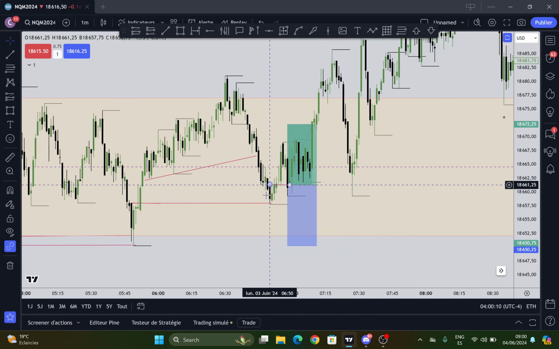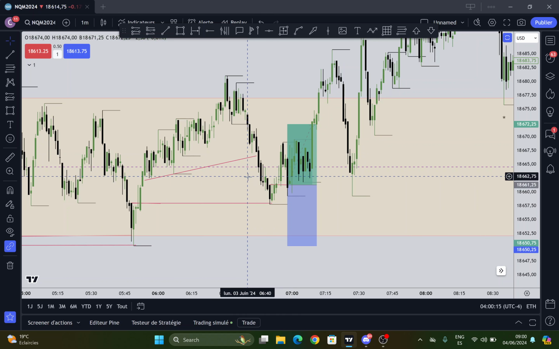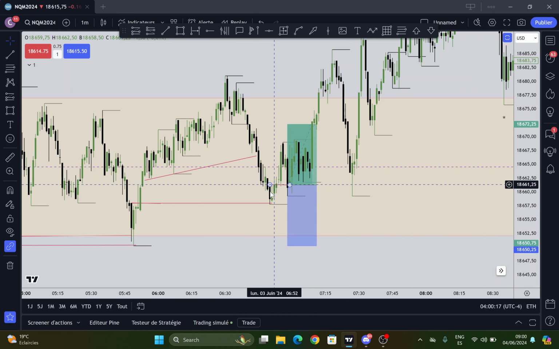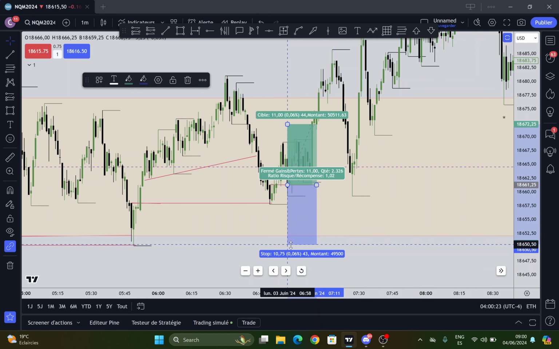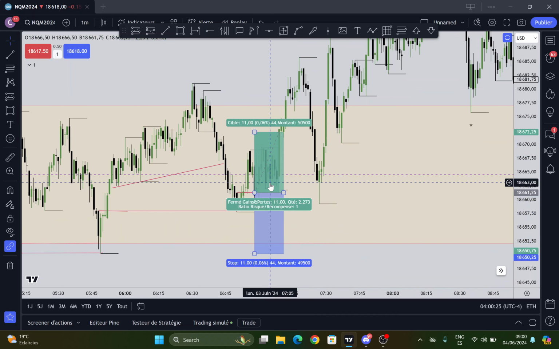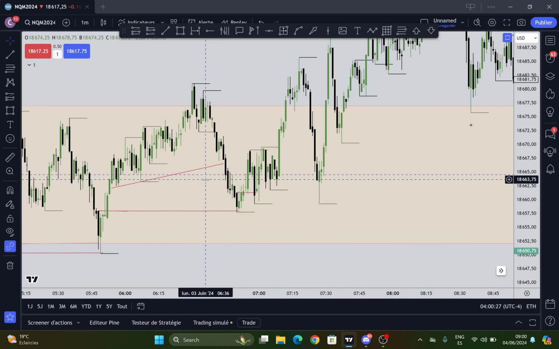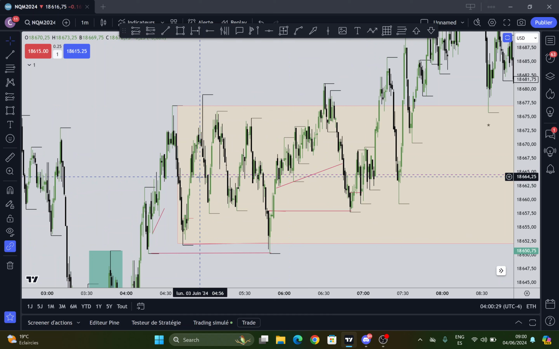Please guys, whenever you take the CSS, especially in London, they're seeking more liquidity. Just be careful placing your stop here, right? They tend to wick them a lot. So this was the other trade.